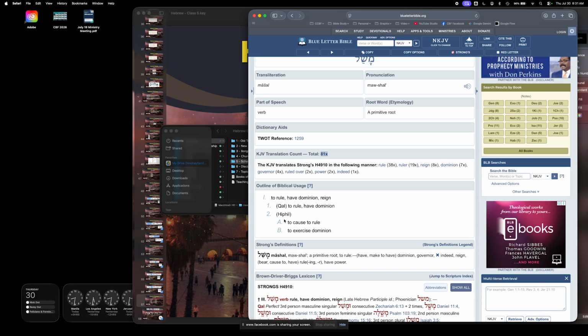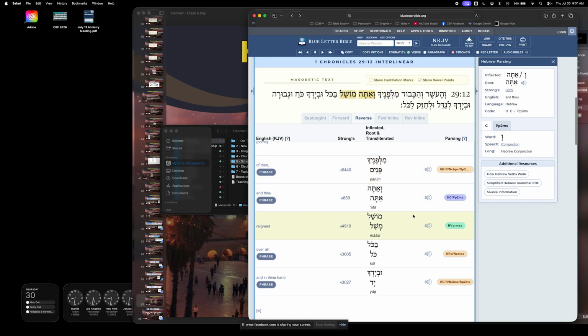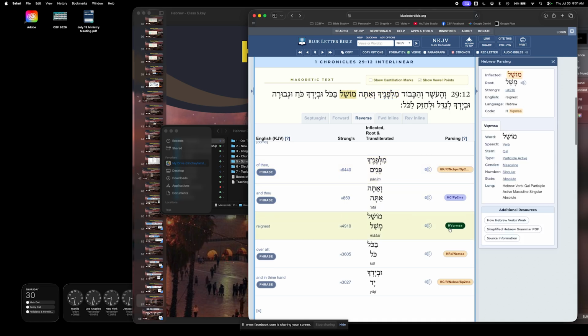It does have a kal and a hefil. The kal is to rule. The hefil would be to cause someone to rule. In our particular instance, let's take a look at our grammar. We are a kal participle, masculine, singular, absolute. Kal, simple action.